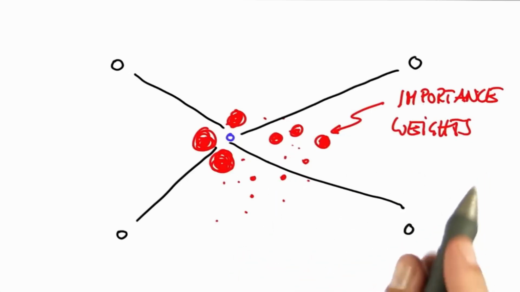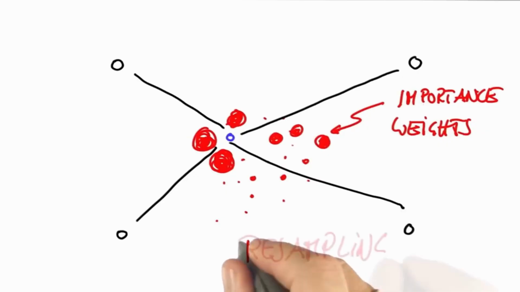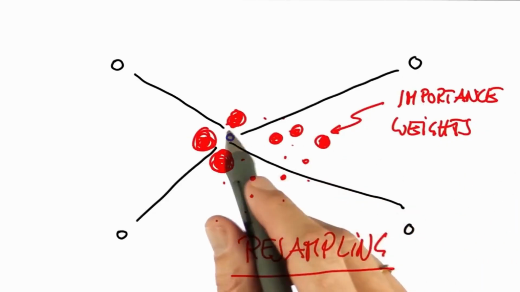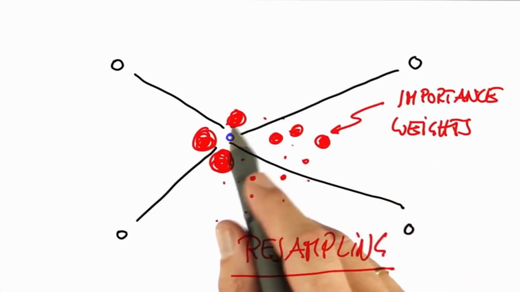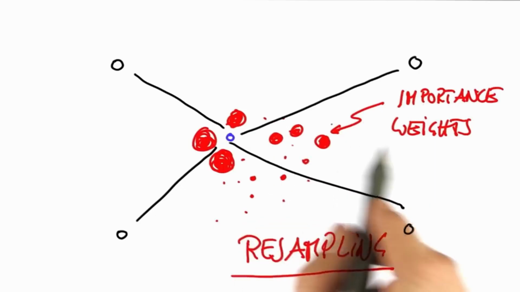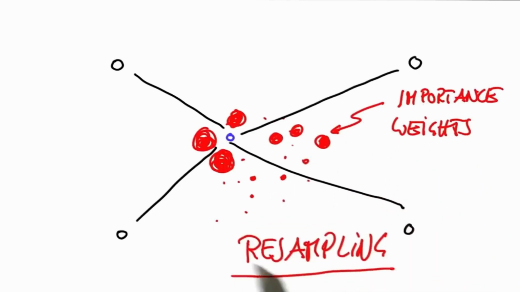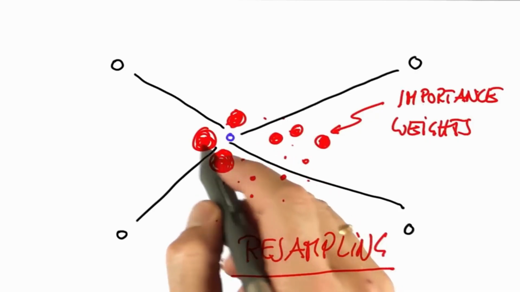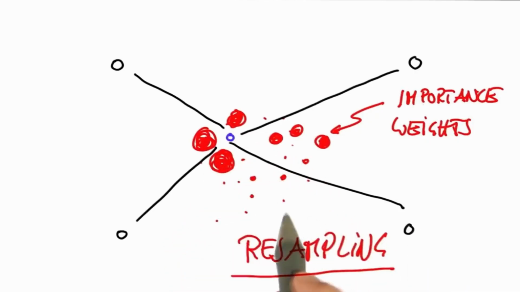Which means after what's called resampling, which is just a technical term for randomly drawing n new particles from these old ones with replacement in proportion to their importance weight, those guys over here very likely live on, in fact many, many times, whereas those guys over here likely have died out.